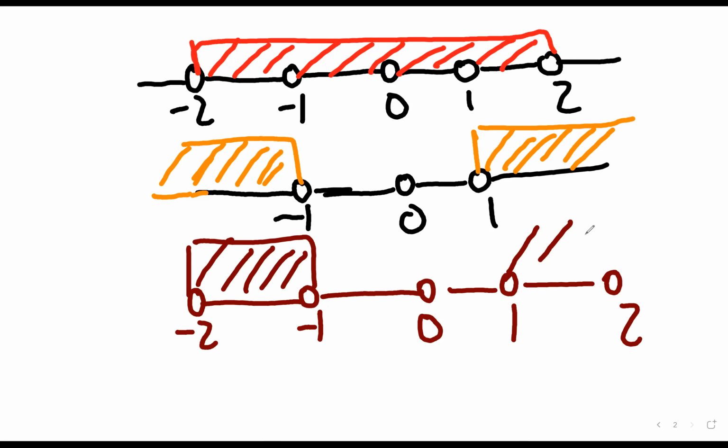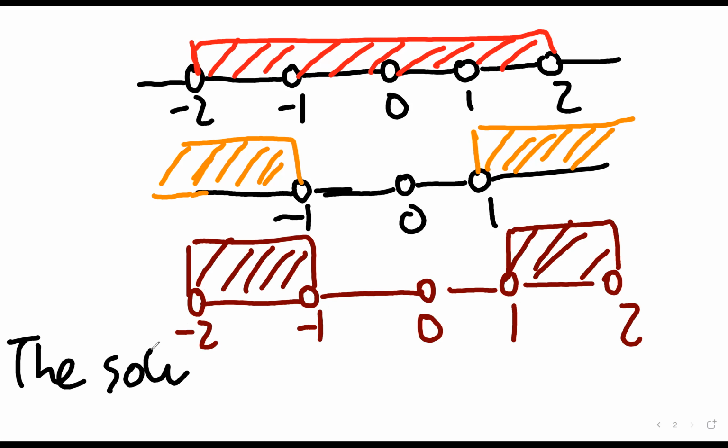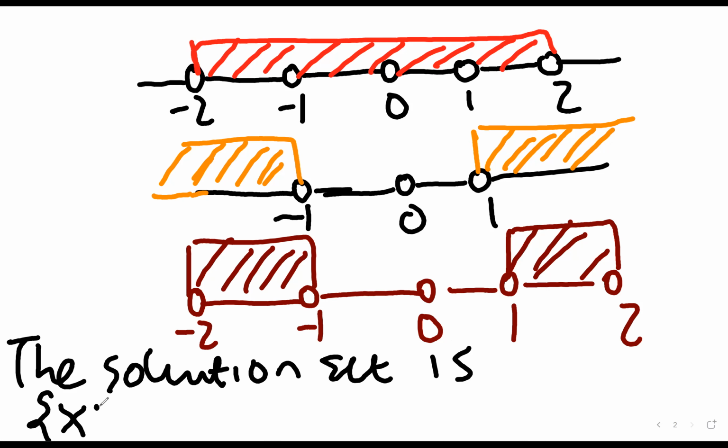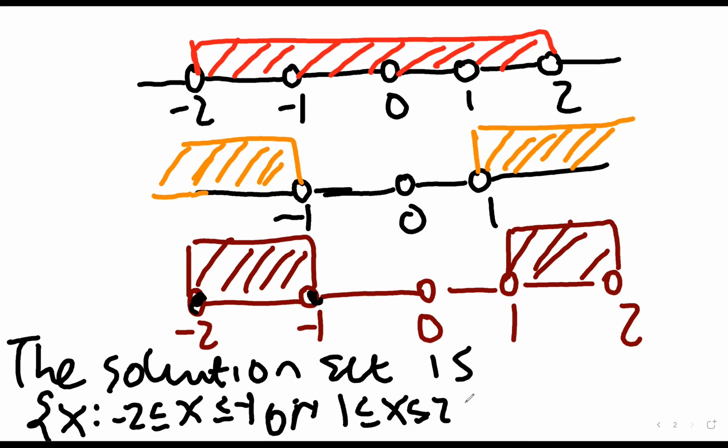Exactly this side. So the conclusion is the solution set is the set of x for which x is in between minus 2 and minus 1, minus 1 included, or x is in between 1 and 2.